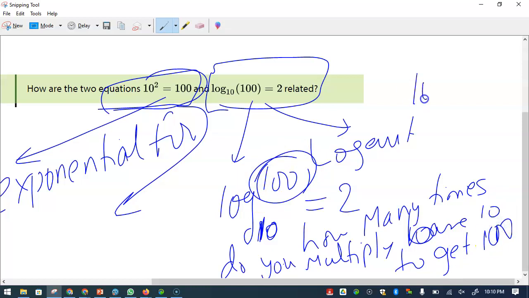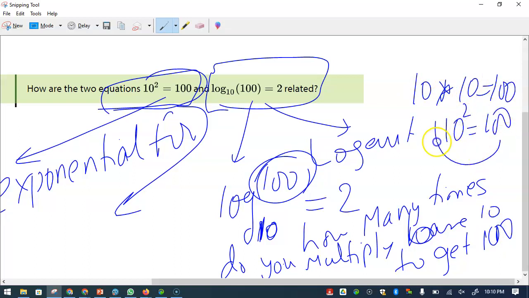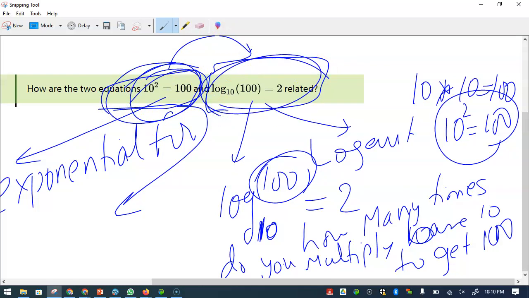So we multiply 10 times 10 is 100, right? So that means 10 raised to the power 2 is 100. So this right here is the same thing. Both are the same. The only thing is this is called exponential form and this is logarithm form.